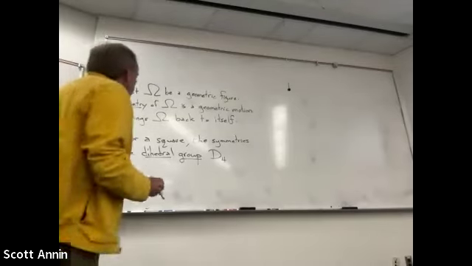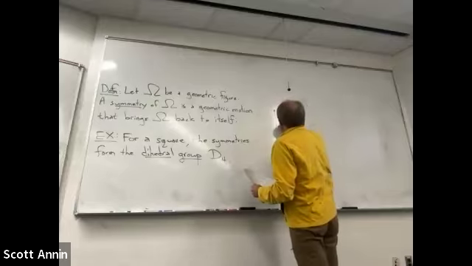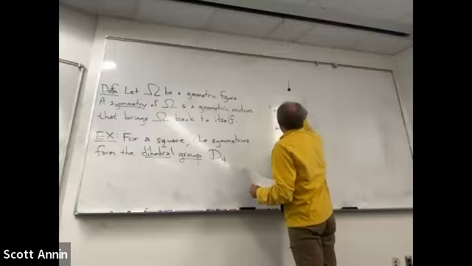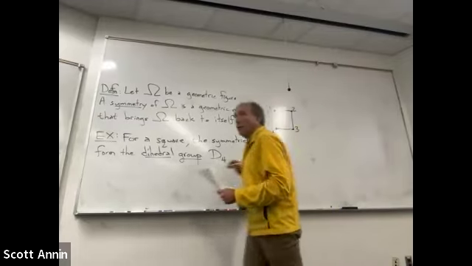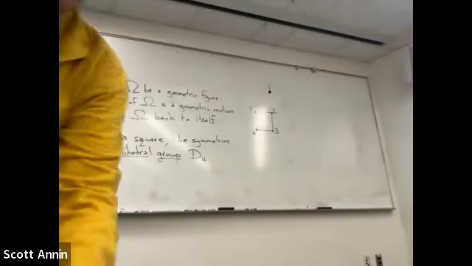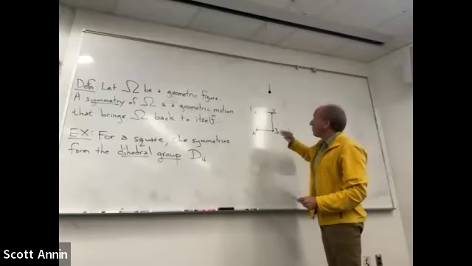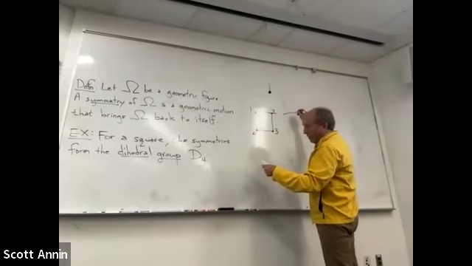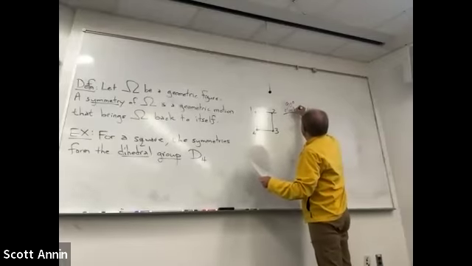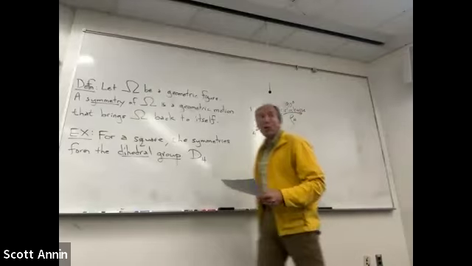To really get the hang of it, you have to label your square or whatever your figure is with what the 4 corners are. So just as a quick example, I'll show you one example here. If I want to take the square and rotate it by 90 degrees, so that is a 90-degree clockwise rotation, that is what in the handout is denoted as rho sub 4.